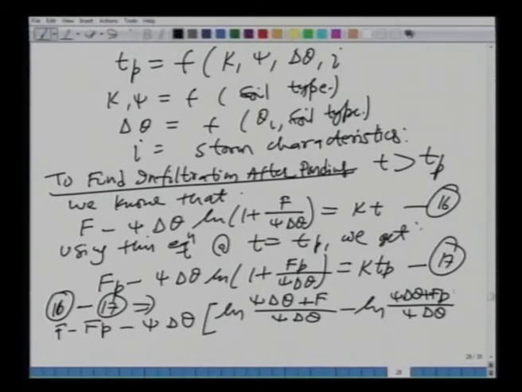On the right hand side you will have k times T minus Tp.